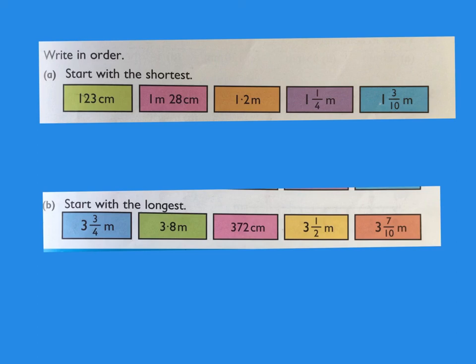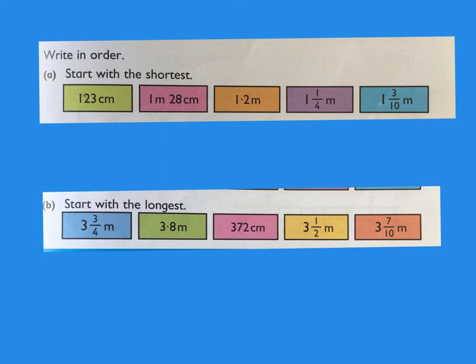Next one's 1 metre 28 centimetres. So it's hard to compare them unless we actually change them. So I'm going to change all of them to centimetres only. But you could do it in a different way. You could convert all of them to decimal. You could convert them into centimetres and metres. But this is the method I'm going to choose just for this one.